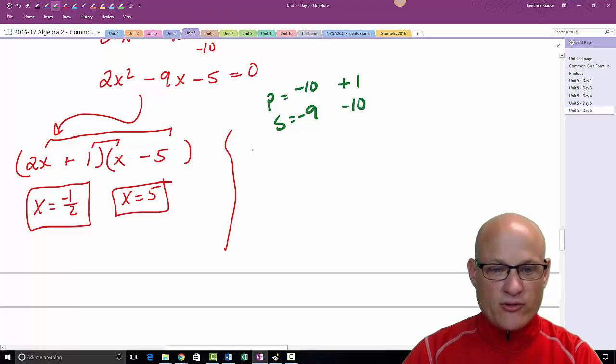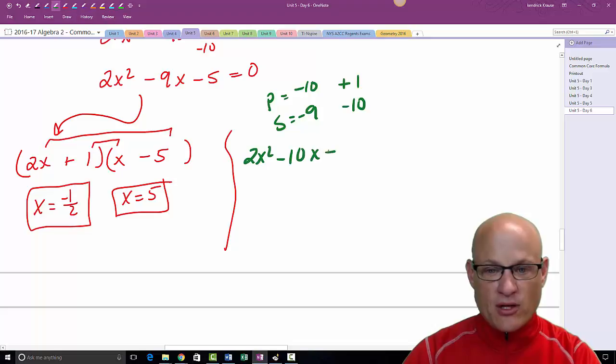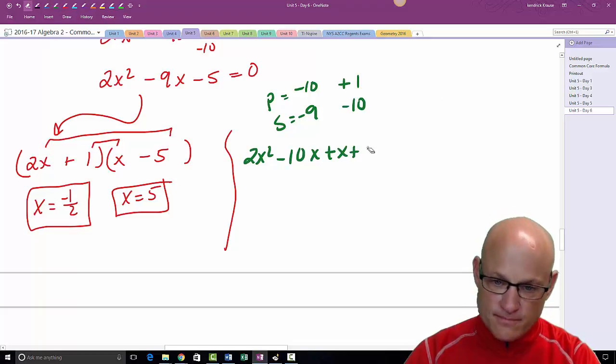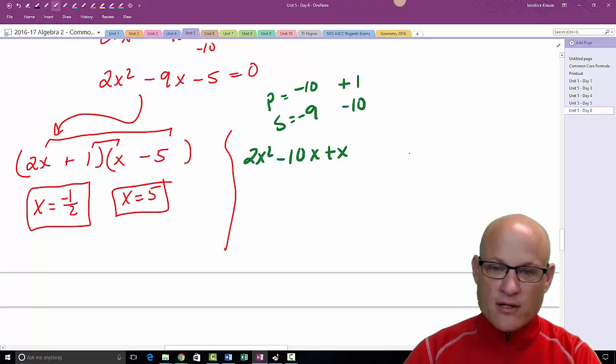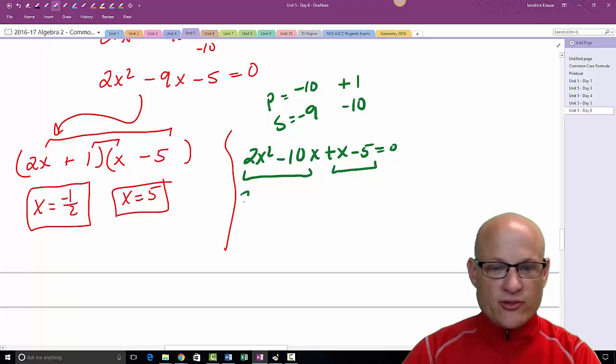All right, so rewrite it. 2x squared minus 10x plus x minus 5 equals 0. Take out a 2x. I'm left with x minus 5.